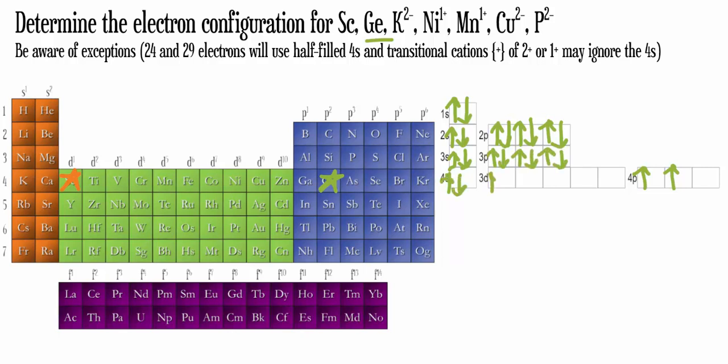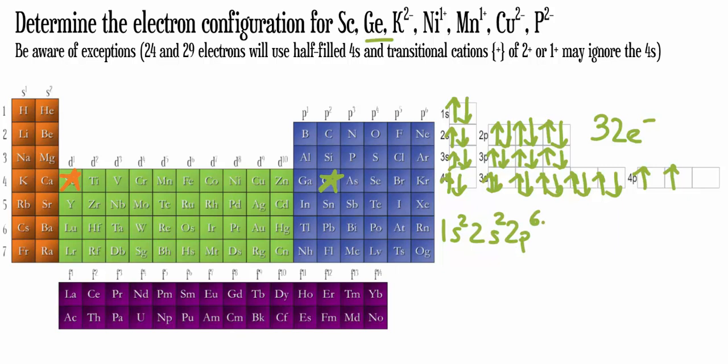Again, I'm trying to be careful to fill all the upspins, followed by the downspins, within an orbital type before moving on to the next orbital type. To fill this out in electron configuration, longhand, we'll have 1s2, 2s2, 2p6, 3s2, 3p6, 4s2, 3d10, 4p2.